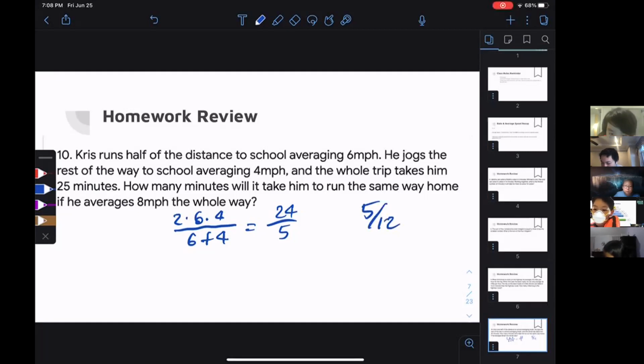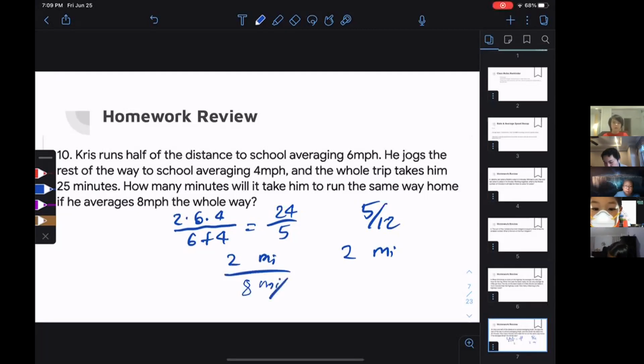So the total distance he covered would be this times that, which is just 2 miles. Then if he averages 8 miles per hour the whole way, it takes him 2 miles over 8 miles an hour, which is just 1/4 of an hour. It's equal to 15 minutes.